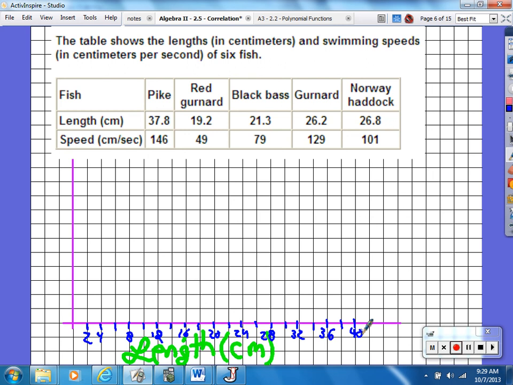Perfect. I went the whole way to 40 because my highest number is 37.8. And since I started labeling every other one, I just decided I'd go to 40 because it's a nice cutoff number.